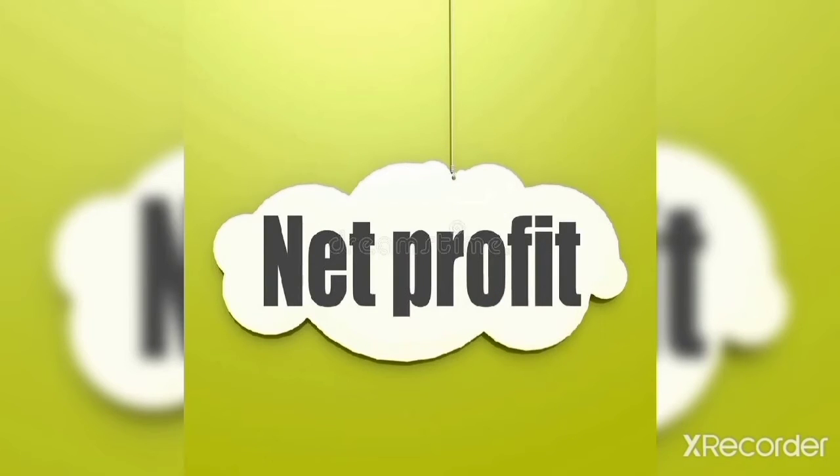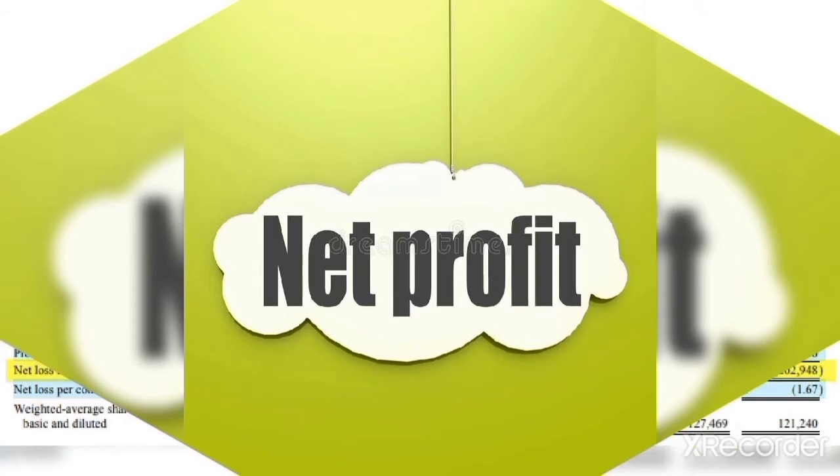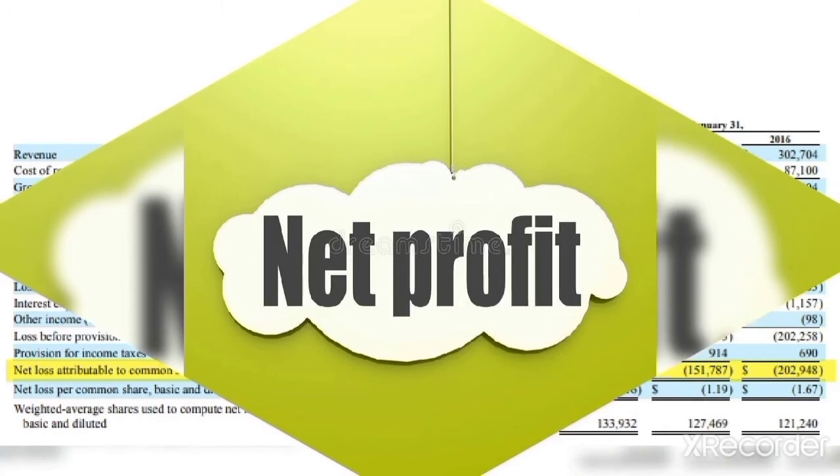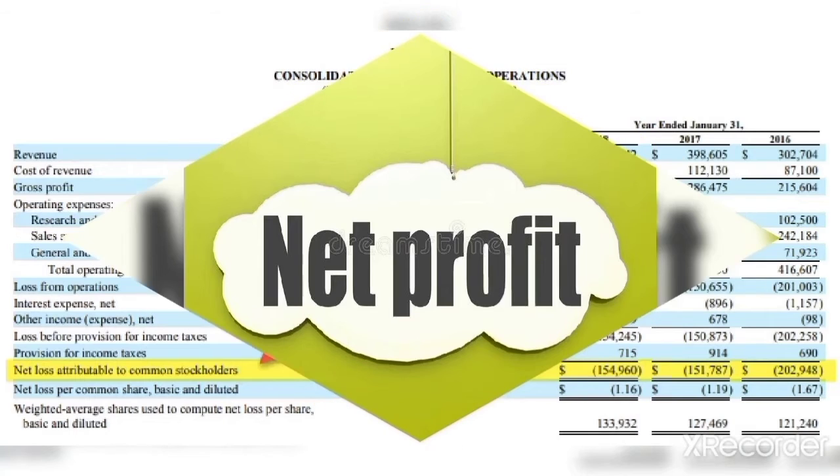Net profit is referred to as the profit gotten from profit and loss account. All right? When there is profit, that means the credit side of the account is greater than the debit side. It is referred to as net profit. I hope you are following.